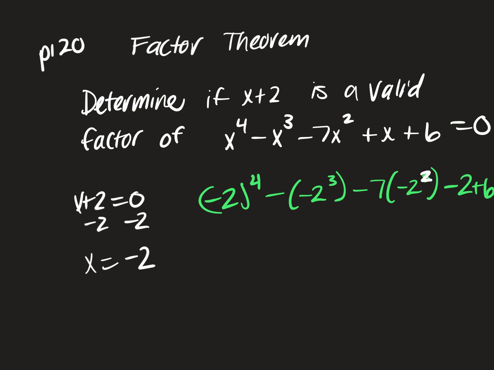No, oh wait, 16. Yeah. Remember, a negative number to an even power is positive, right? And then negative 2 cubed is negative 8, so we're subtracting negative 8. And then negative 2 squared is positive 4, times 7 is a minus 28. Minus 2 plus 6.